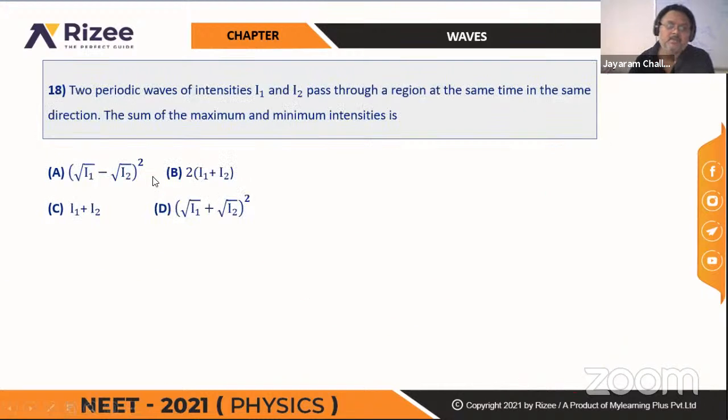Next one. Two periodic waves I1 and I2 pass through the region at the same time in the same direction. The sum of the maximum and minimum intensities. What is the relation?